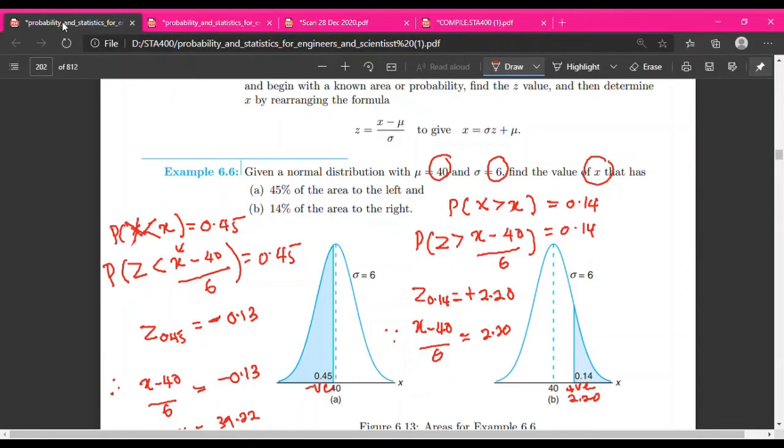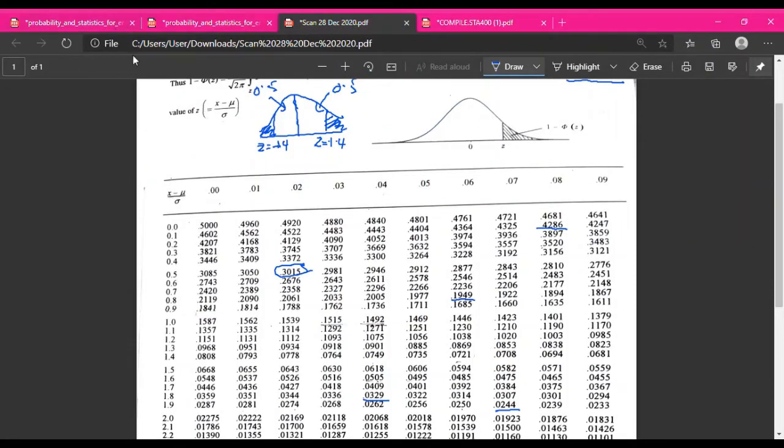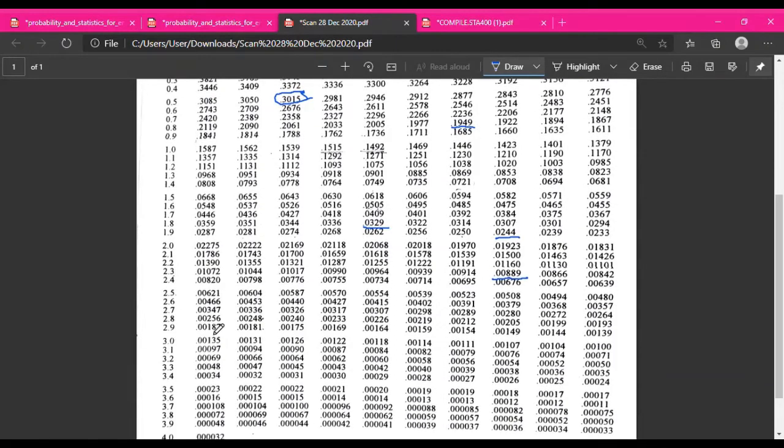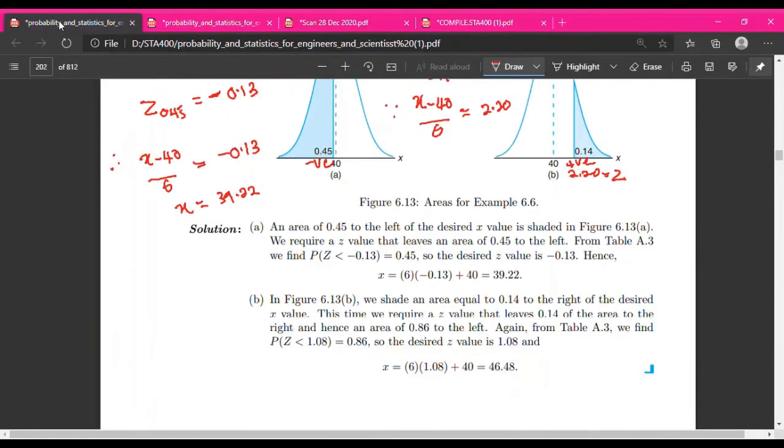2.20. This is the z value. So we want to find what x is here. So it will be this one. Oh, it took 1.08. Is it true? Let me look again. Am I wrong? Which one is closer to 0.14? 0.14. Which one? This one, 0.14.